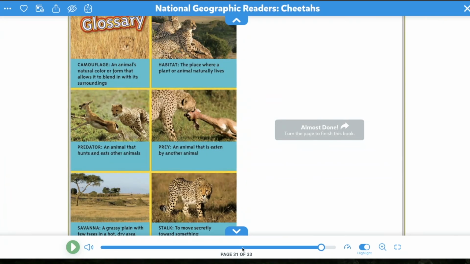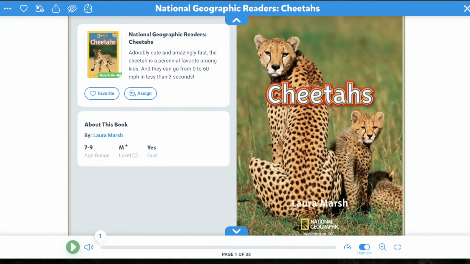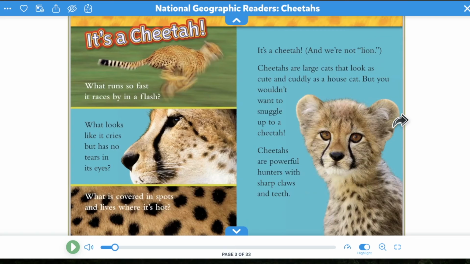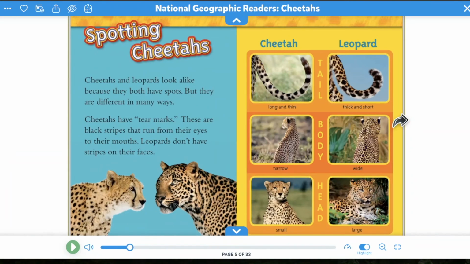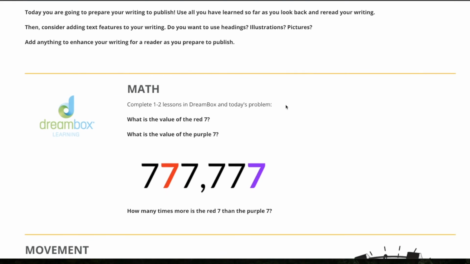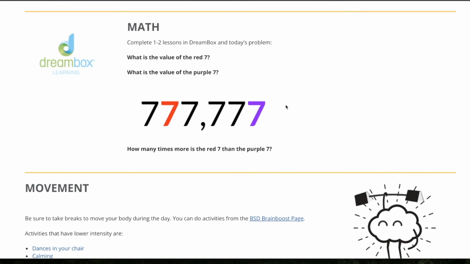I'm going to hop back to the beginning of this one. I don't think it had a table of contents, but you certainly could add a table of contents right at the front. That's a cool table that shows the difference between cheetahs and leopards. So that's the idea of adding some text features to make your book even more interesting.